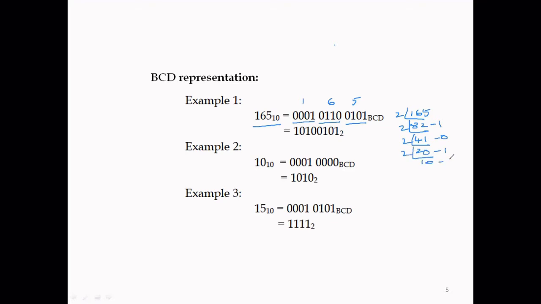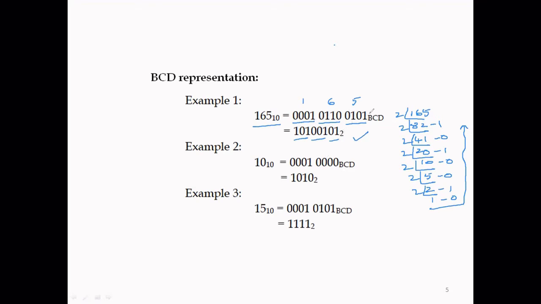Continuing the divisions, the remainders are 0, 1, 0, 0, 1, 0, 1. Reading them gives 10100101. So this is the total binary number.